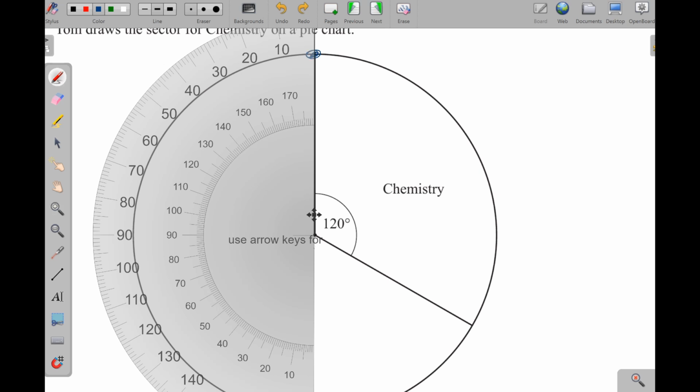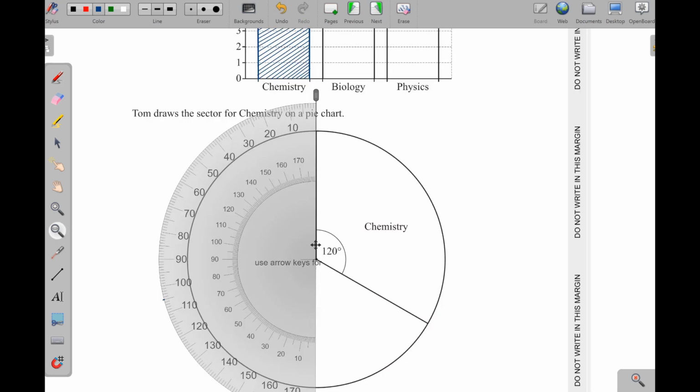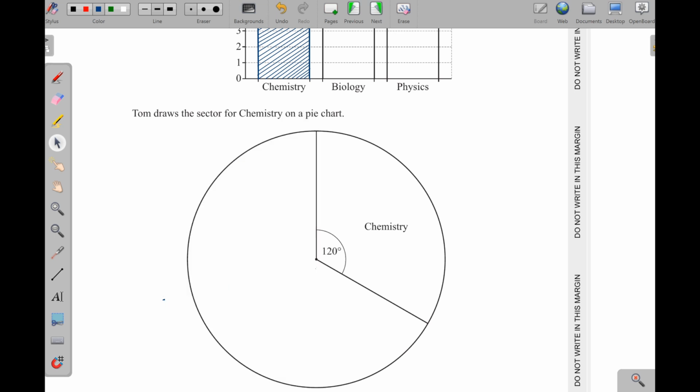Okay, so I'm using the outer scale. So 105 will be here. You see this point here? So my 105 is here. So if I mark that point there, then I can put off my protractor here, and then you get your ruler, you connect the center here to that point which you drew. Now, based on mine here, the protractor was outside.